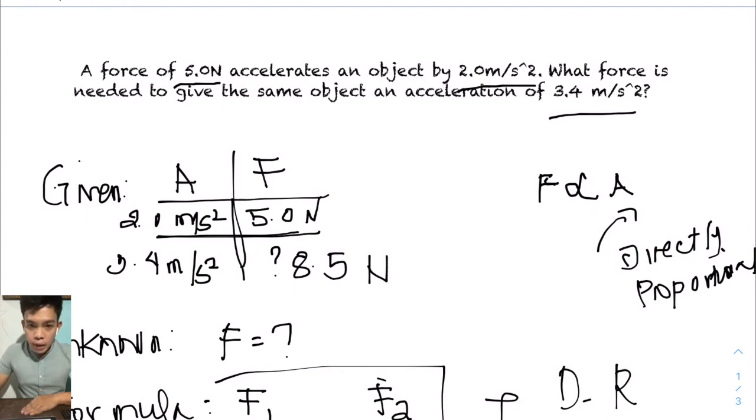When the force is greater, the acceleration is also greater. The same value for the acceleration is needed for the net force of an object, causing it to accelerate. Is that clear? Thank you very much, and that's how we solve a problem that involves the variables of acceleration and force.